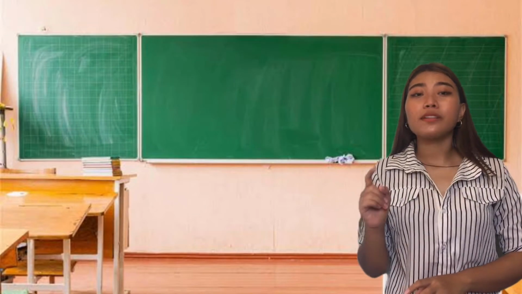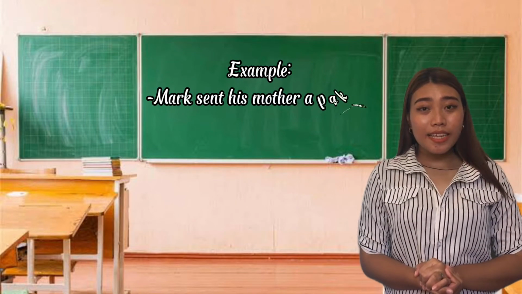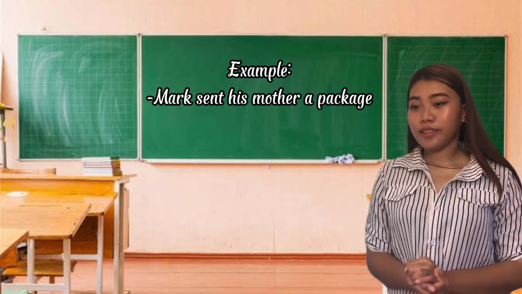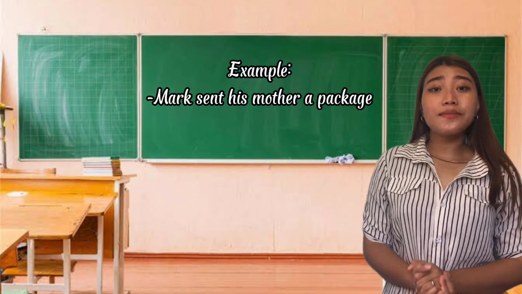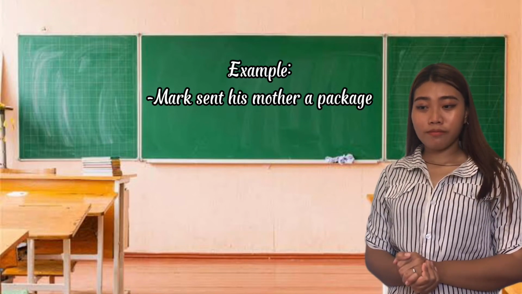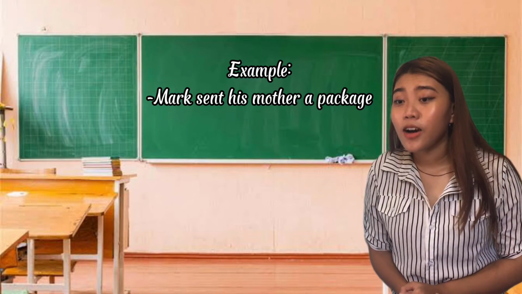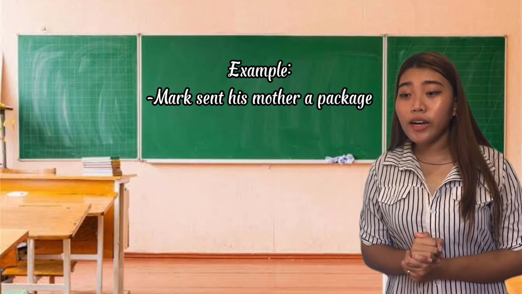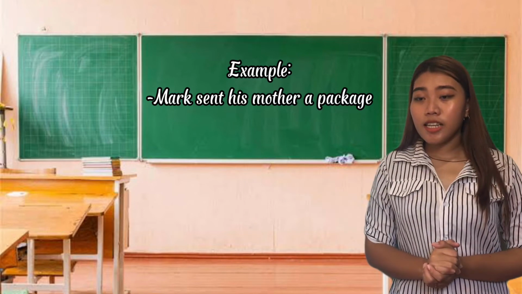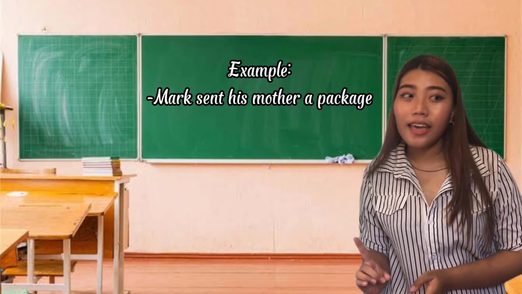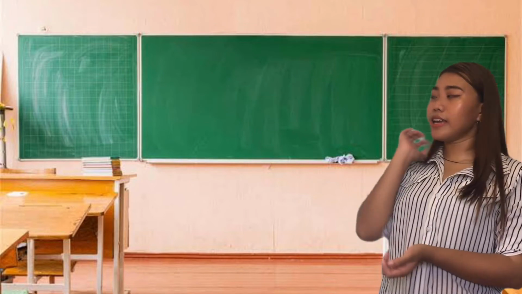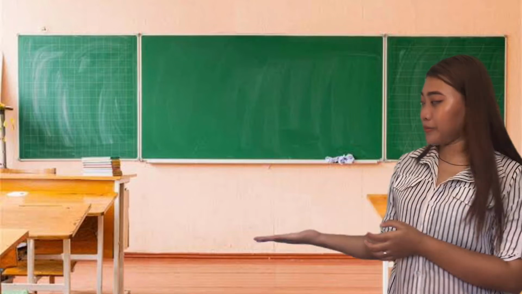For example, Mark sent his mother a package. To whom did Mark send a package? Okay, that's correct. Mother. Therefore, mother functions as an indirect object. Got it, class? Okay. Another example.